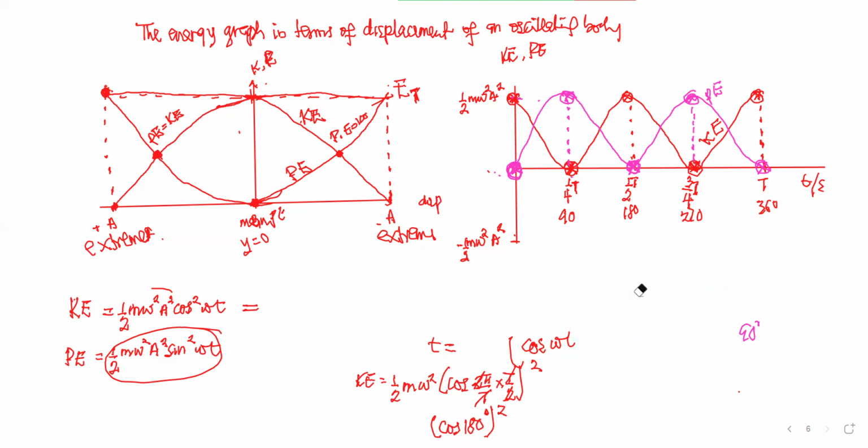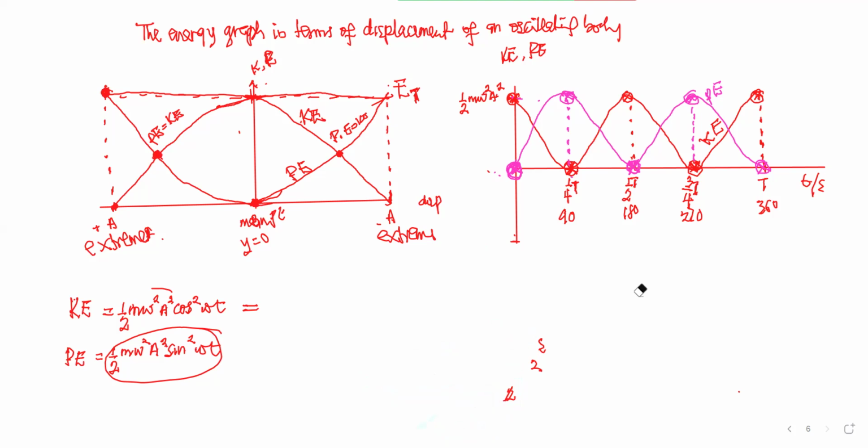The energy graph, meaning we have two different graphs: either the energy against displacement, or the energy against time or angle.